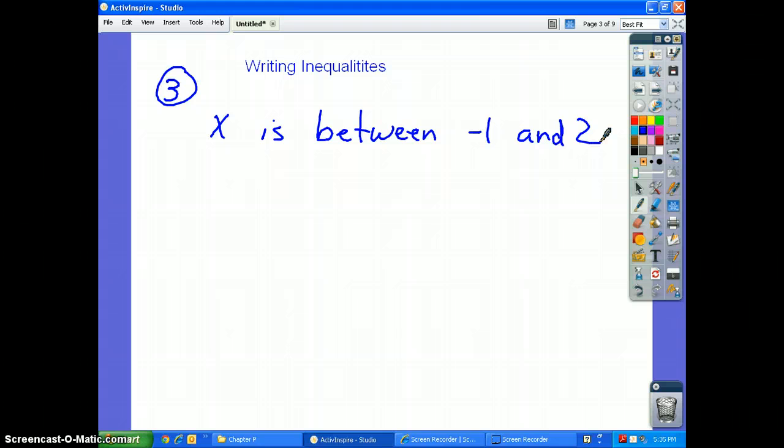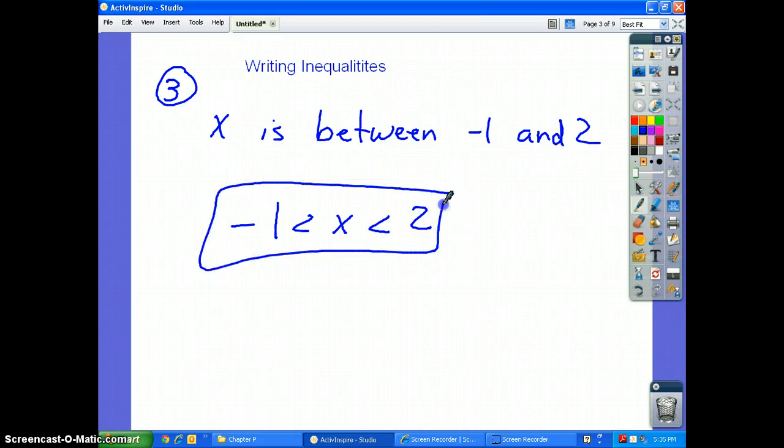So the inequality for this, based on the words in problem number 15, would be -1 is less than x, which is less than 2. This is the inequality that corresponds to the words that you have here.